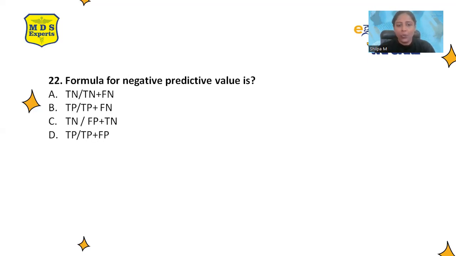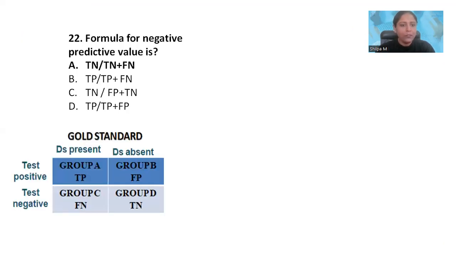Coming to a question on screening, the formula for negative predictive value is. We'll discuss in detail sensitivity, specificity, positive predictive value, negative predictive value. To discuss very shortly, what is negative predictive value? First, you need to know this 2x2 table. I will discuss these 2x2 tables in detail in the screening as well as epidemiology chapters.